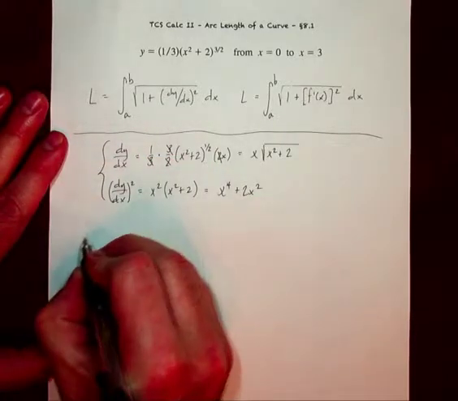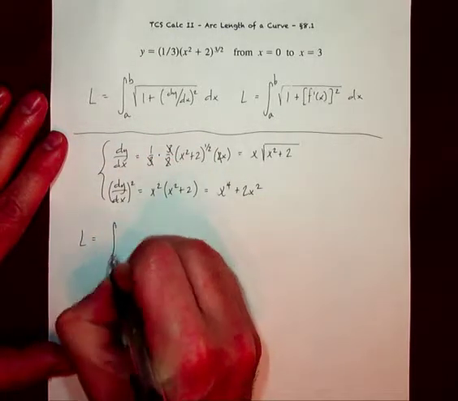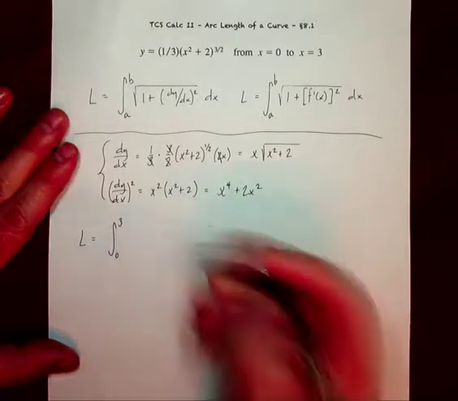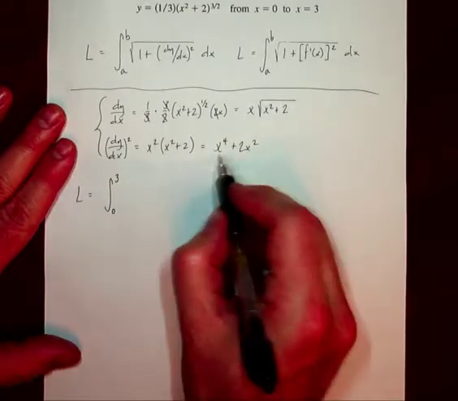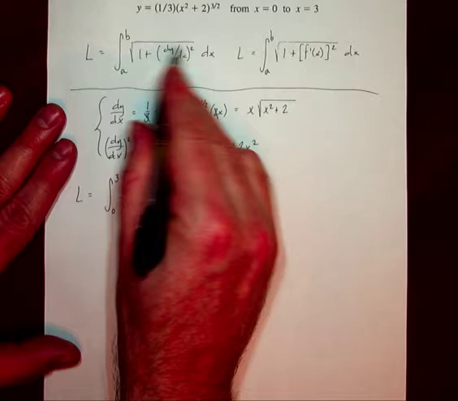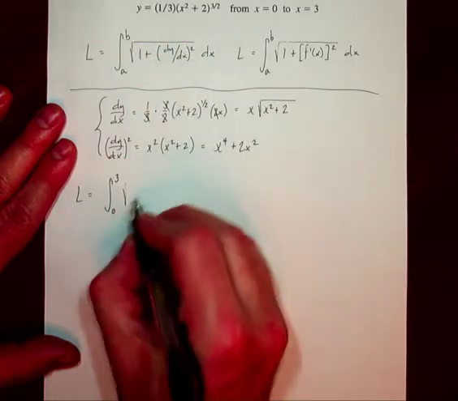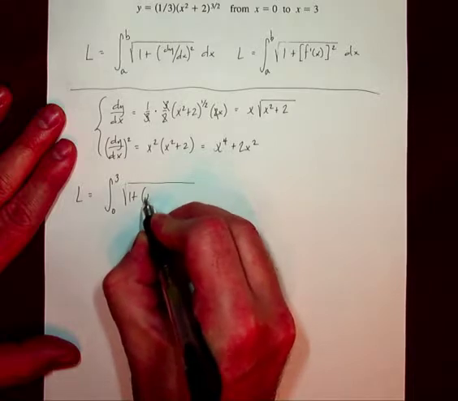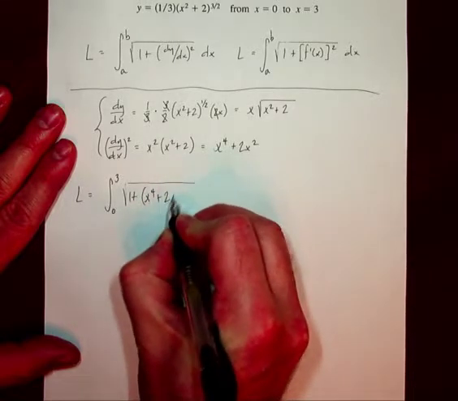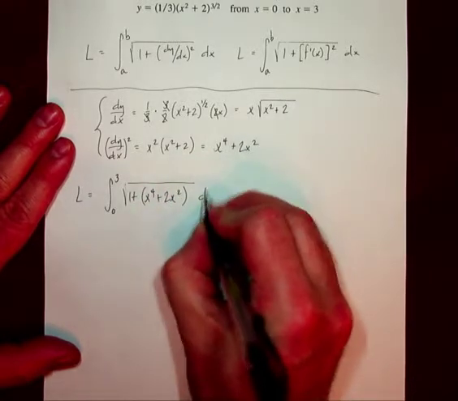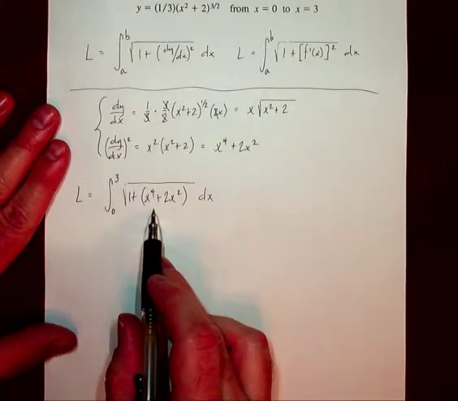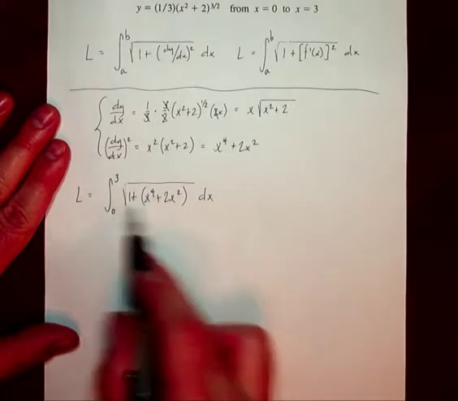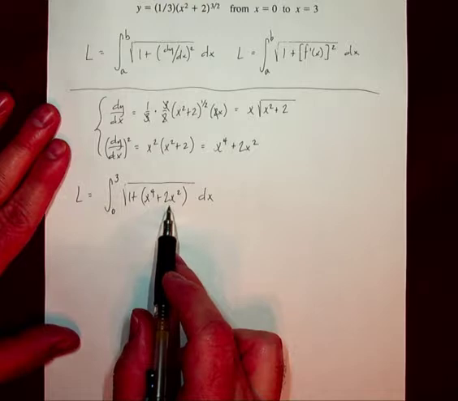Now my length is going to go from 0 to 3, and this right here is simply this piece of the radicand, 1 plus x to the 4th plus 2x squared, dx.